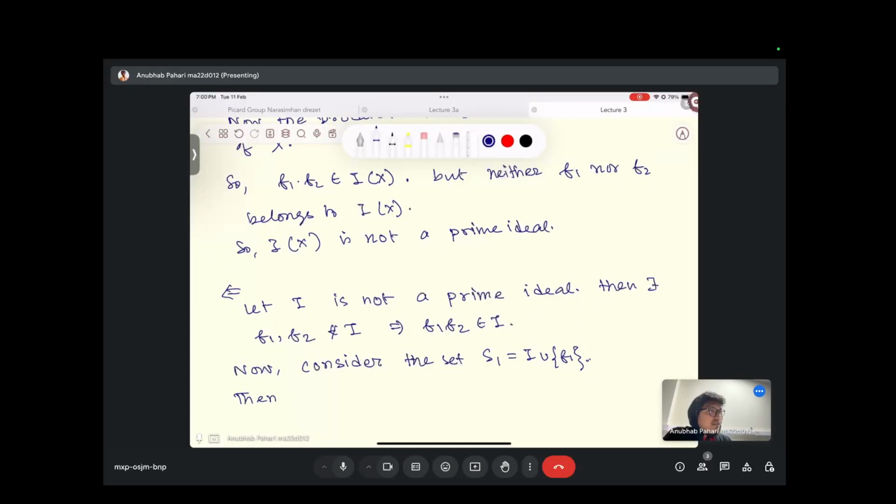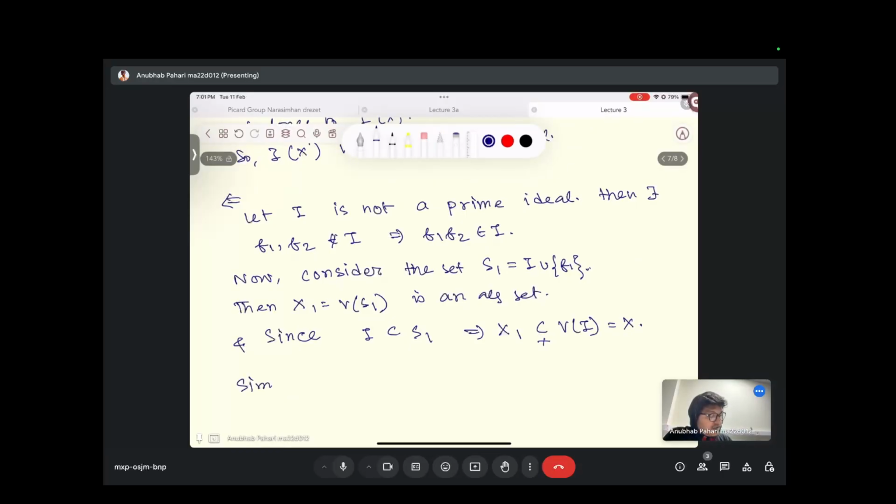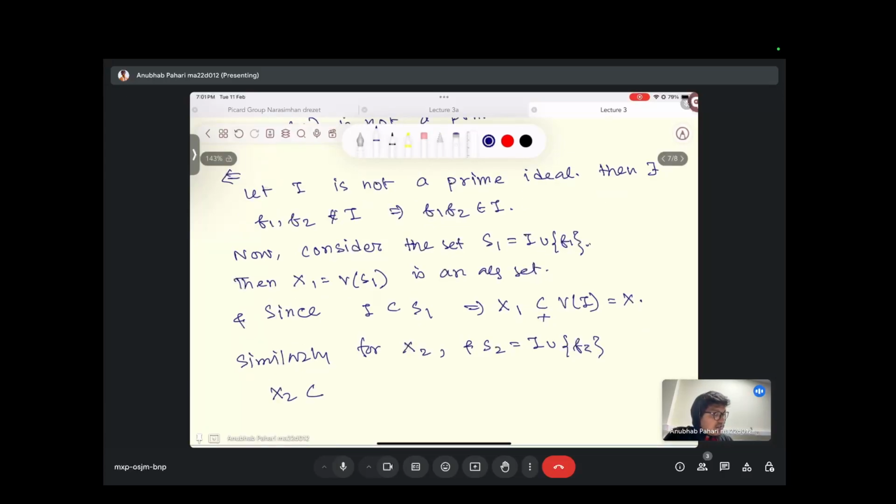Then X1 = V(S1) is an algebraic set, and since I is in S1, X1 is in V(I), which is nothing but your X. And similarly for X2 and S2 = I union {f2}, we have X2 is contained in X.